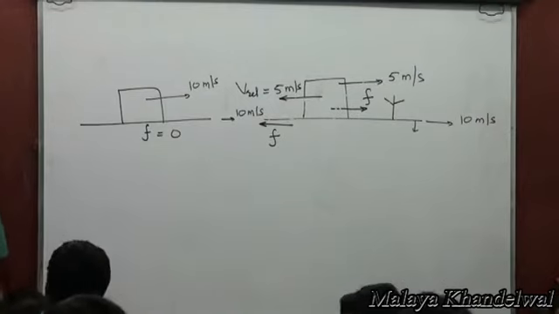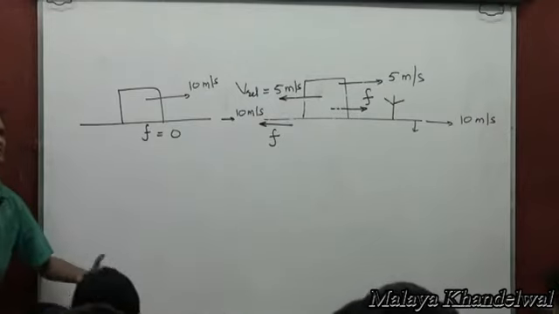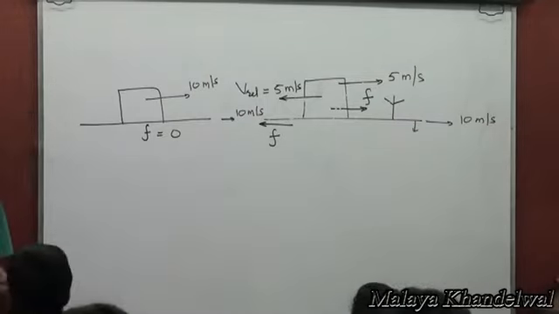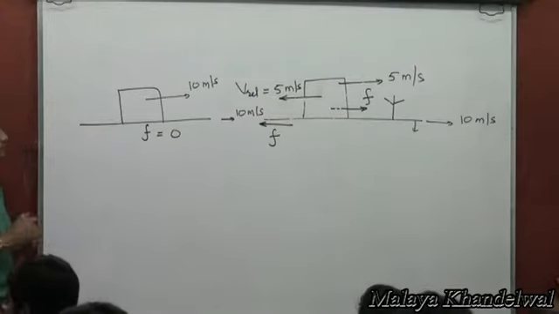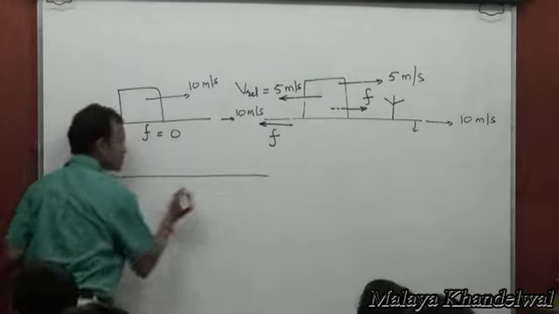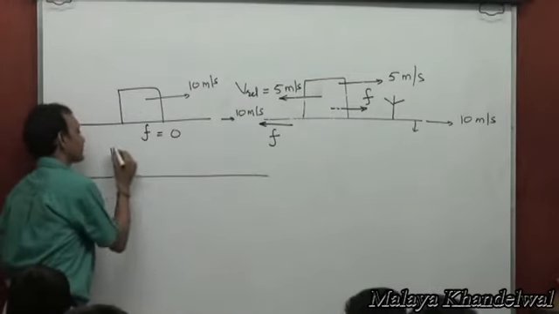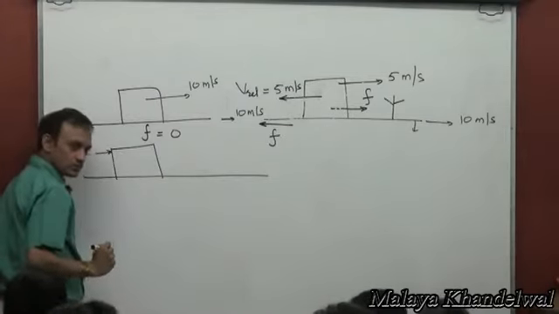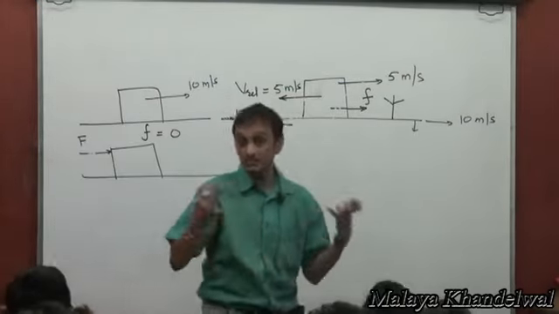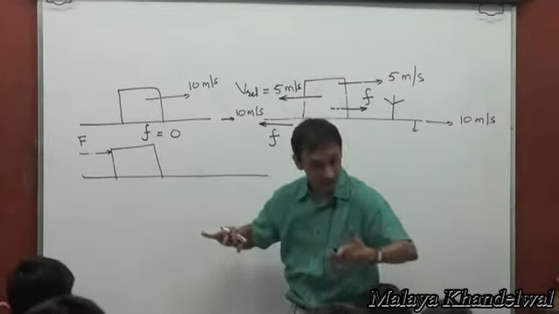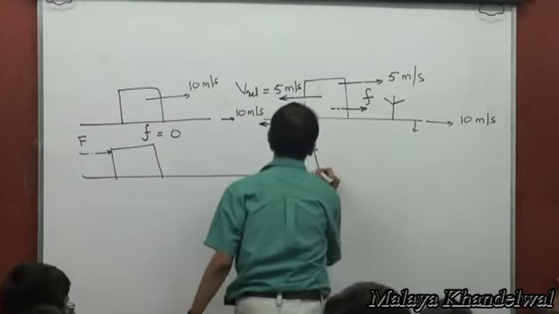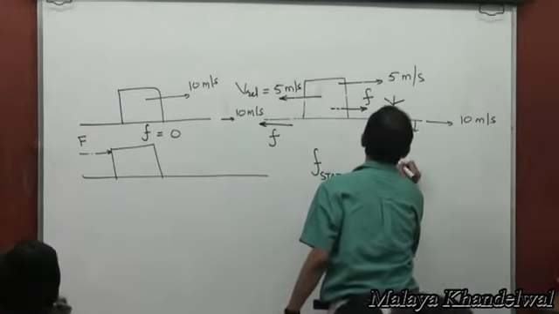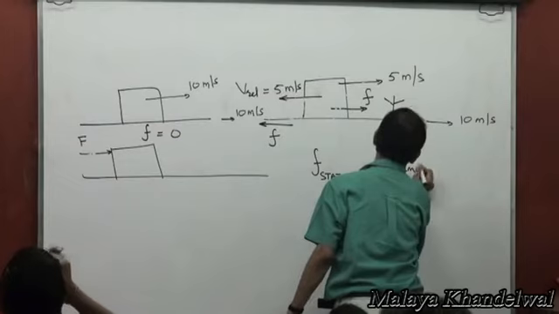One more misconception that people carry, because they are plagued by what they have read in books, is the following. If this is a surface, and this is an externally applied force, and F limiting, which is the maximum value of static friction between these two surfaces, F stat max, is F limiting, that I have been talking of.